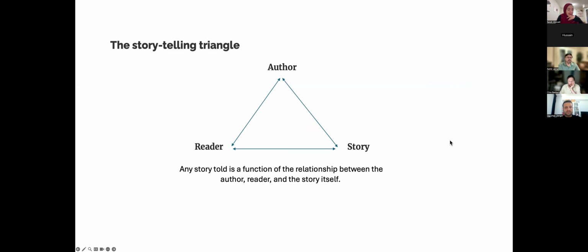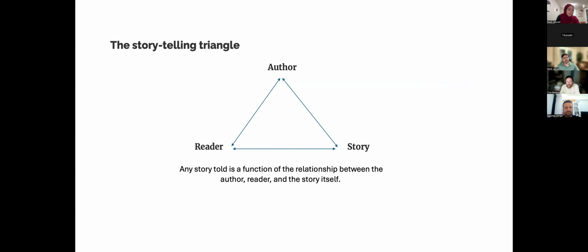The other thing I just want to make, again, it won't come as any news to you, is the narrative idea called the storytelling triangle. Basically, all our research is a relationship. The data we collect is a relationship.